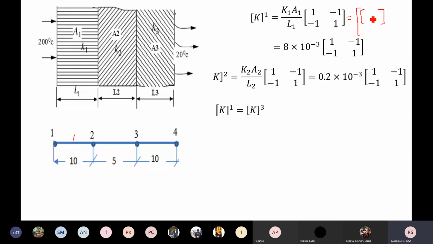That means K11, K12, K21 and K22 are non-zero. K13 is 0 because the third node is not connected to element number 1. K14 is also 0 because the fourth node is also not connected to element number 1. That means whatever we are doing on element number 1, it will not affect node number 4 and node number 3. Do you agree with this?